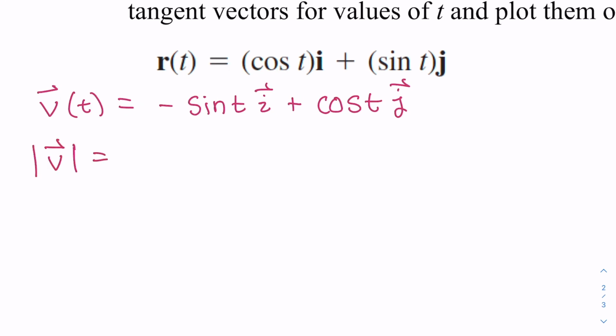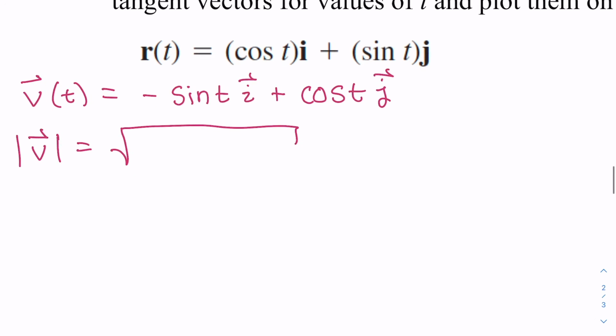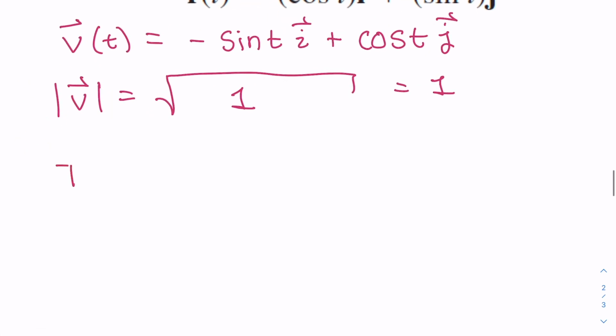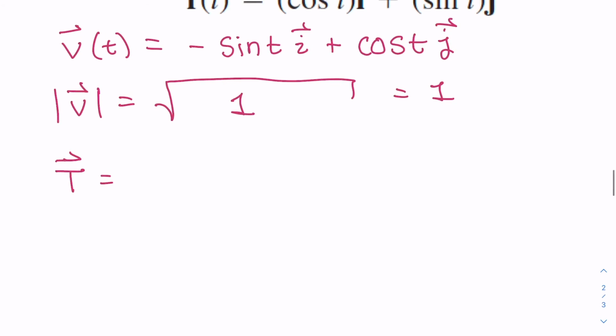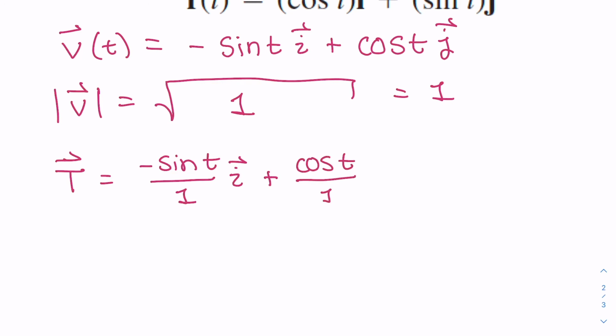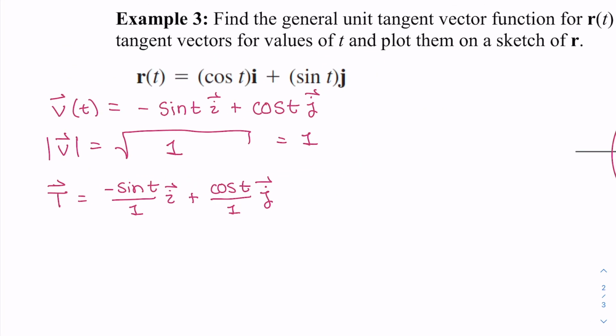That's just equal to the square root of sine squared plus cosine squared, which is just 1. So the magnitude is 1. So the unit tangent, the generic one, for any value of t, is just going to be negative sine t divided by 1, i, plus cosine t divided by 1, j. So there's our generic unit tangent vector function.